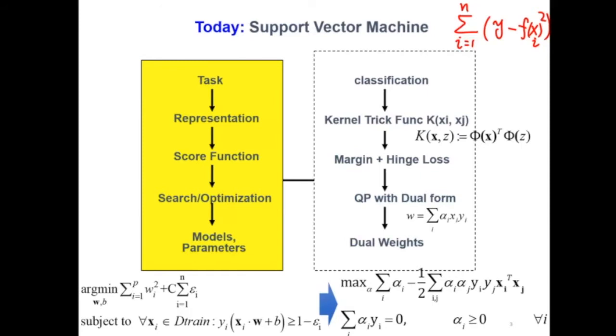But in SVM, it's a different formulation, and we're going to introduce an idea called quadratic programming. The raw form of quadratic programming we're going to talk about, and to make it more efficient, people actually solve the support vector machine using something called the dual form. It's a quadratic programming reformulation.